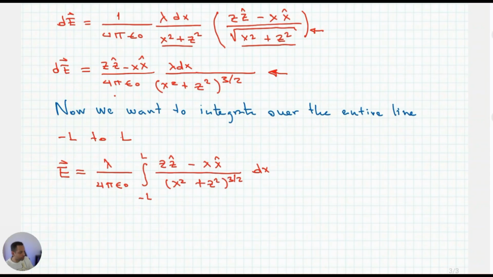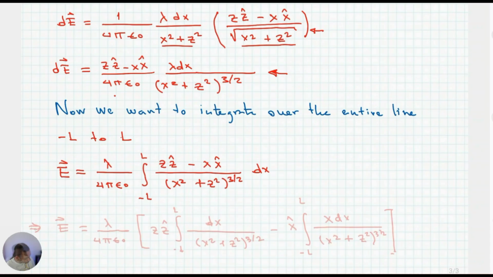Now we are going to separate the z component from the x component, and we will get something like this. What I did here is I just wrote the components of each term separately, and these two terms go out of the integral because the integral is a function of x, right?